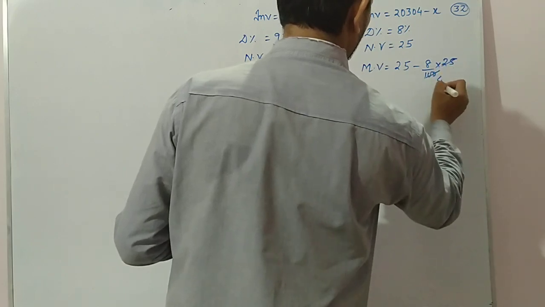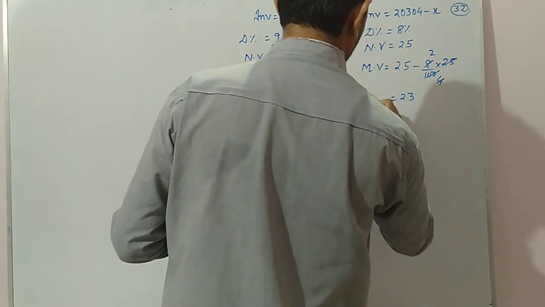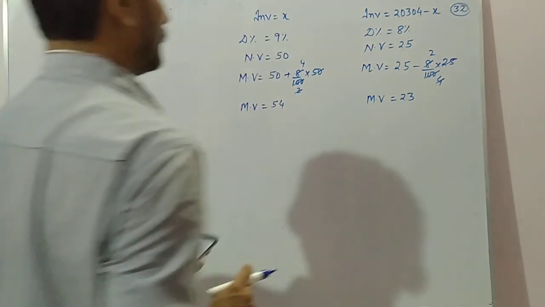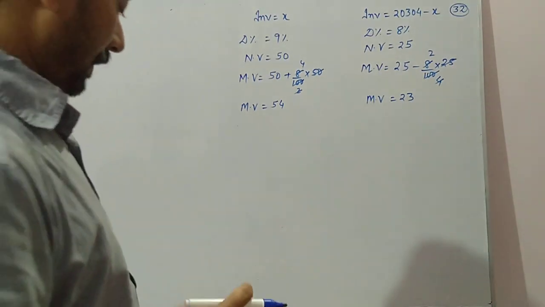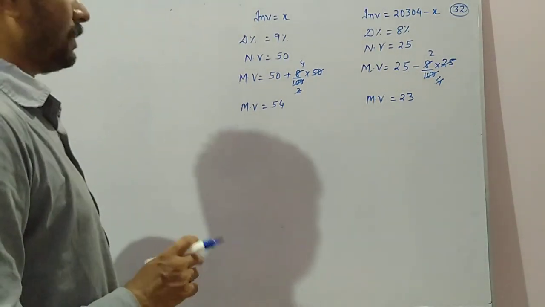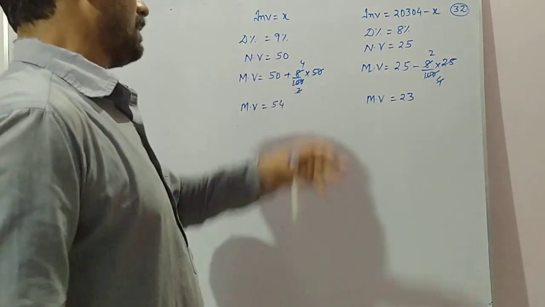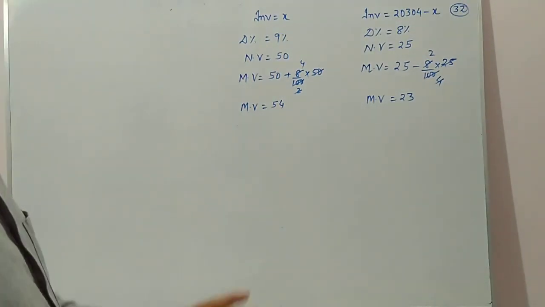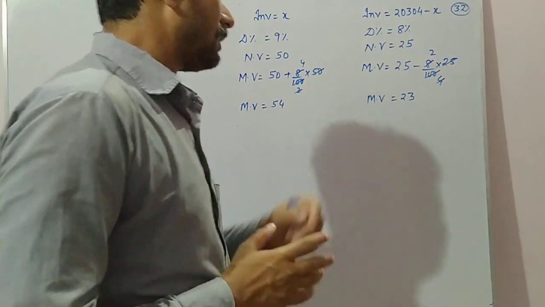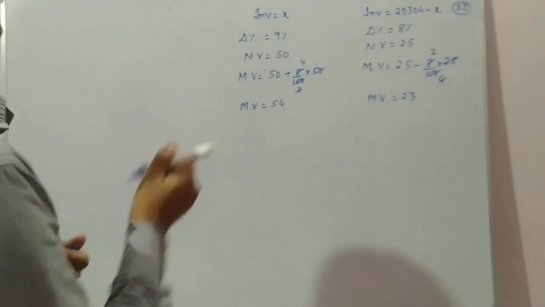This is 4. 4 2s are, this is 23. Here the market value is 23. In the previous case the market value was given directly. Here the first has a premium of 8%, and the second has a discount of 8%, so we are determining the market value. Now we will determine the number of shares, then the dividend.